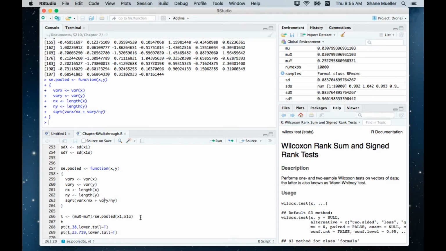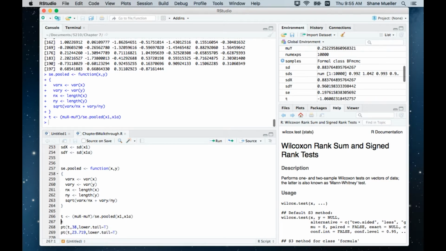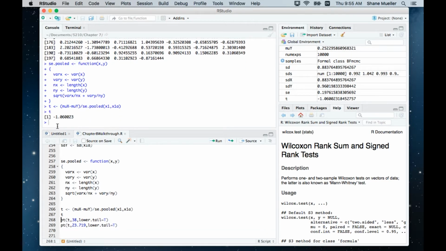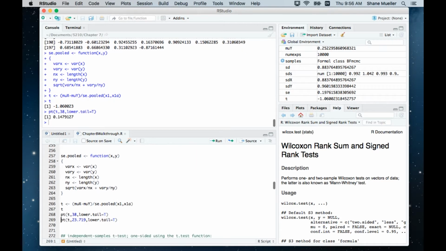So now I can calculate my independent samples test by taking the difference and dividing it by this pooled standard deviation. My t-value here is going to be negative 1.06 for the pooled, and so you should recognize that this is not going to be significant. I can look this up on a t-table. Well, the p-value there is 0.147.